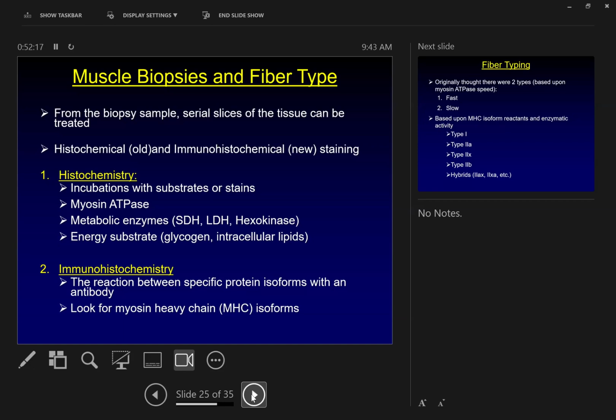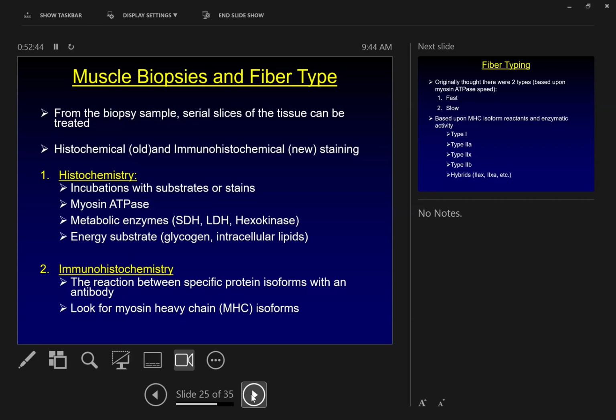You take the fibers, you bathe them in ATP and a couple of different stains, and they figured out that the myosin ATPase molecule on the myosin head broke down that ATP at different speeds. And so from doing this with histochemistry, we figured out there's two primary kinds, some that do it fast, some that do it slower. It's still very fast, but it's just slower than the fast.